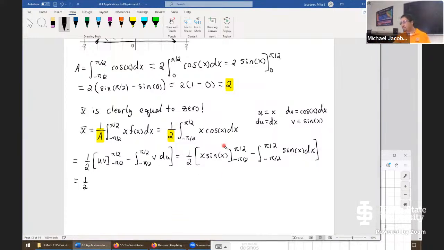We have 1/2 multiplying. We're putting pi over 2 inside of sine x, but sine at pi over 2 is exactly 1. So that portion just turns into pi over 2 minus putting in a negative pi over 2. Let's be careful with that one. You would have a negative pi over 2 here. Sine at negative pi over 2 is -1.